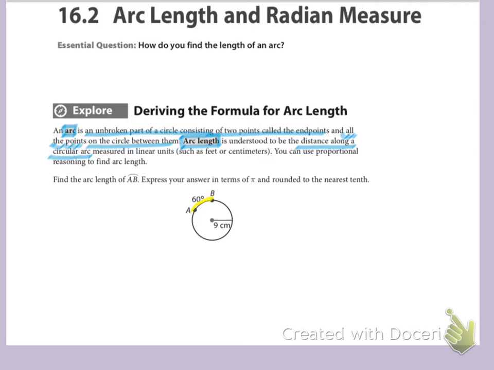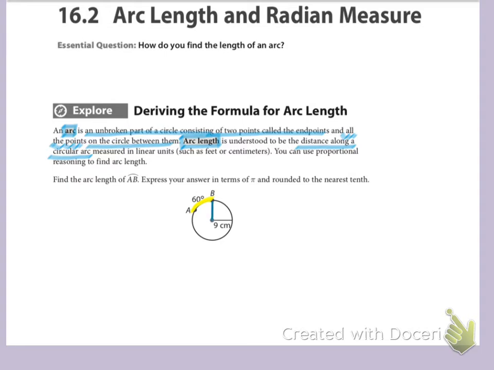AB along the circle. Now in the last lesson we learned about arc measure. And arc measure was a type of measurement that showed the number of degrees that you turn through on a circle from one point on the edge to the other. And we actually said that it was associated with the central angle.